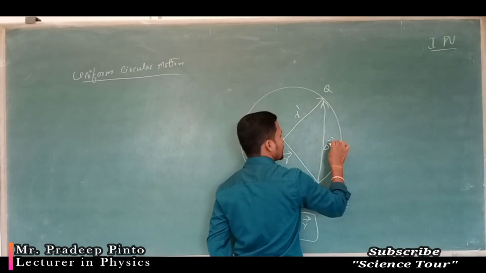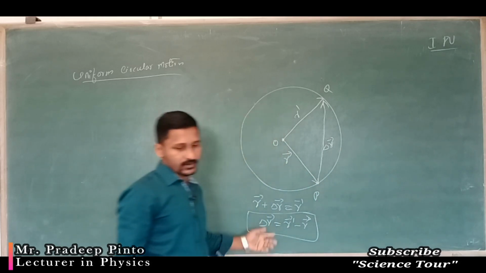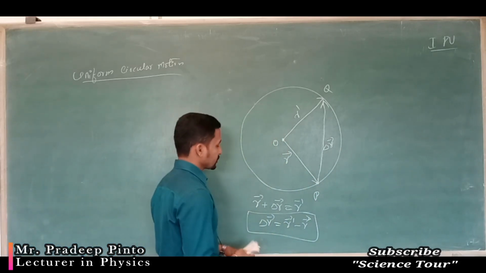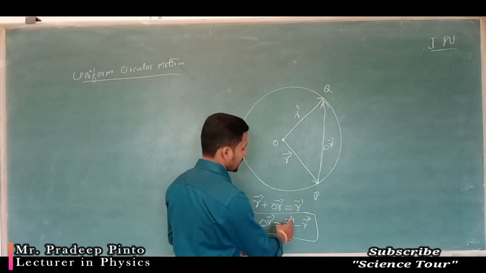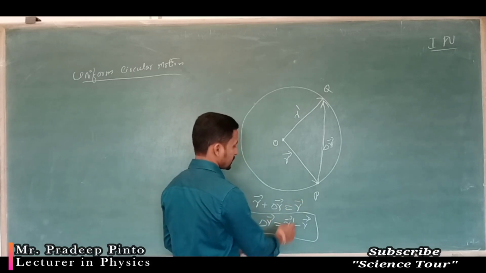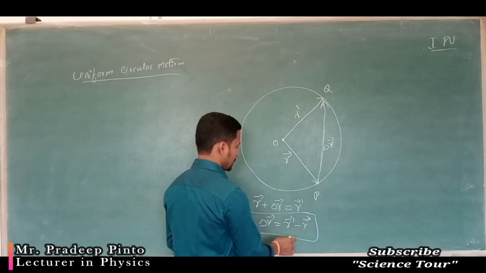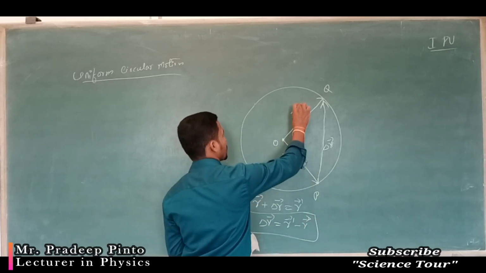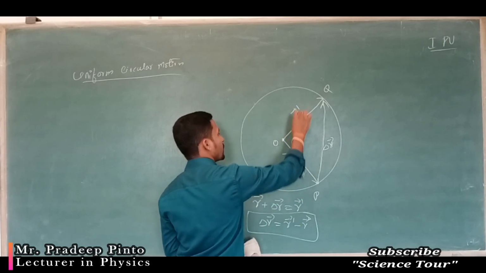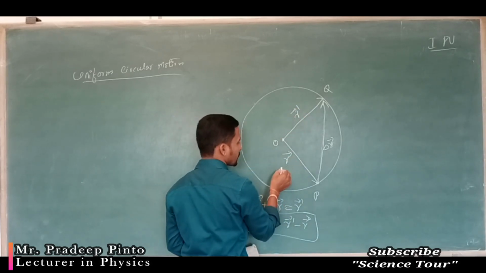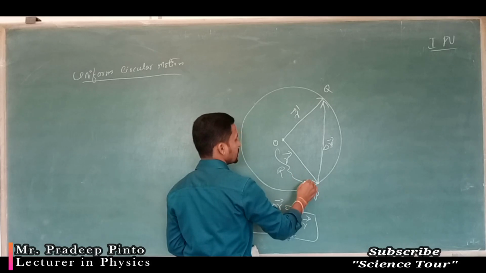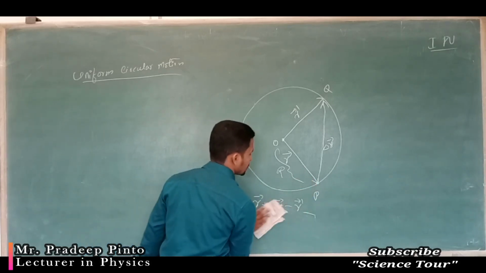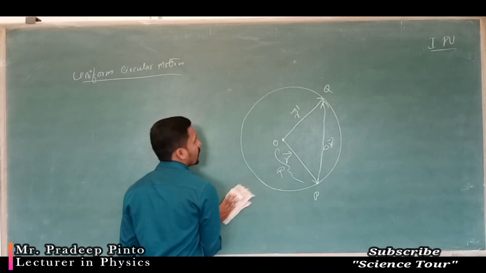This is delta R. Now properly write R dash vector. R dash is a vector again, but this is nothing but also the radius of that circular path.